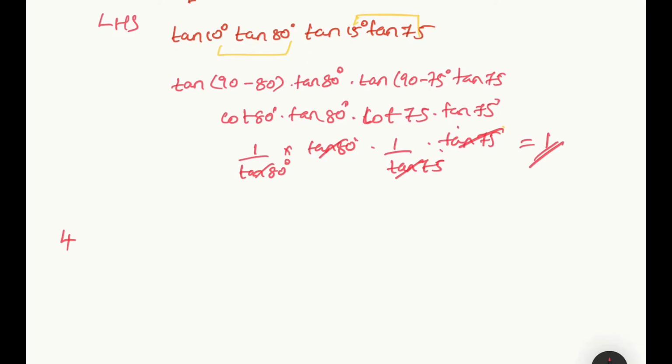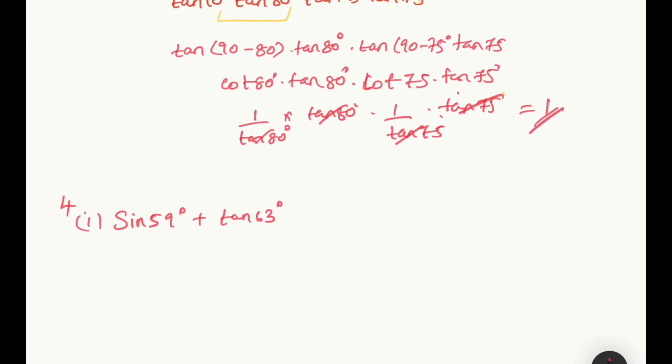Express each of the following terms in the angle between 0 degree and 45 degree. How do we express? We have the first sub question sin 59 plus tan 63. So sin 59 I can write as sin(90 minus 59), which is 31, plus tan(90 minus 27).